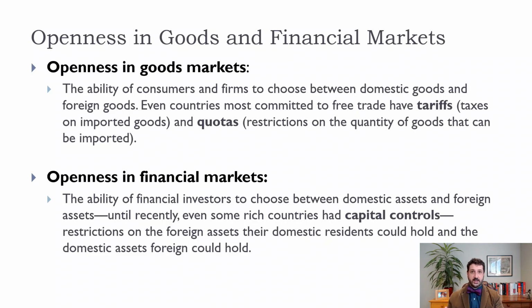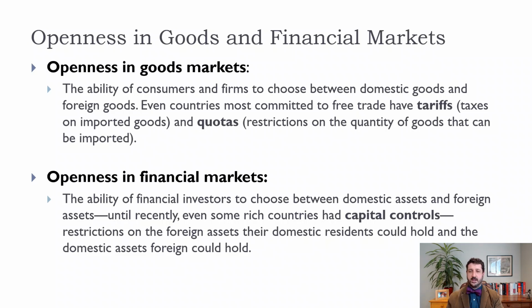There traditionally have been limits to international trade in the form of taxes called tariffs, and also quotas, right? So a tariff is really just a tax on an import. It could be a percentage of the value, or it could be a certain amount per unit. Whereas a quota says, all right, you can only bring in this much of this good.